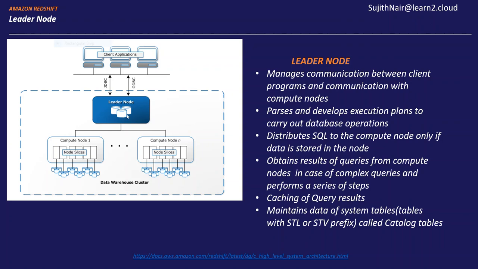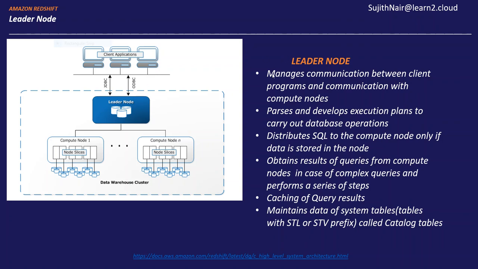The leader node is then responsible for making sure that the work is merged if it needs to be, and then it sends the information back to the client application. So at a very high level, this is how the leader node operates, which is very similar to a team operation.